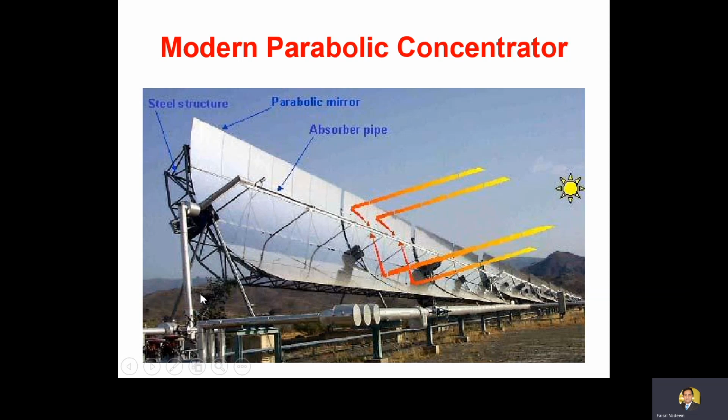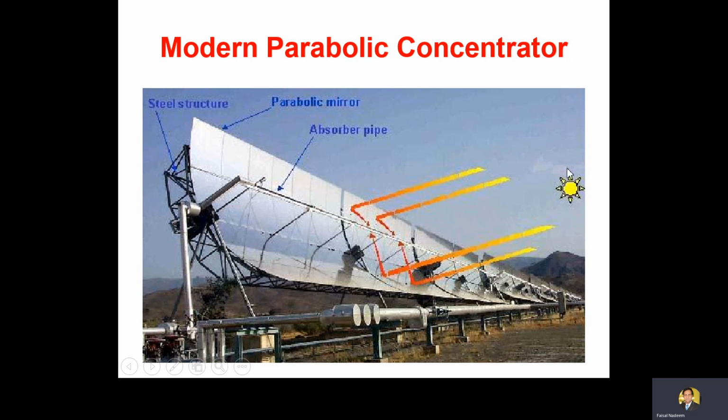The motors are installed right here, and with the help of the motor, these parabolic trough collectors can have a 3D movement. They can move here, they can be placed in a straight form, they can rotate to this side as well. So parabolic trough collectors actually move with the movement of the sun.